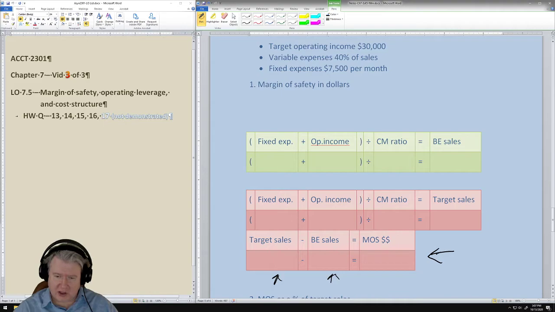So the first thing we're going to do is figure out our break even dollar amount, and first we're going to need to know the contribution margin ratio. Just like I said in the last problem, sales is 100% minus variable cost equals contribution margin. So we're given 40% here. That means our contribution margin is going to be 60%.